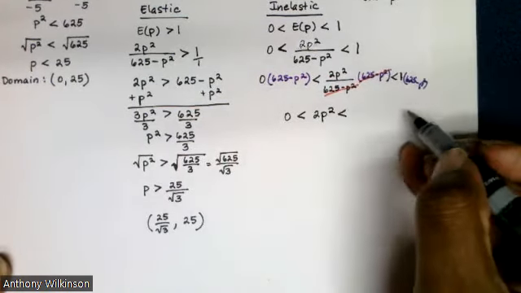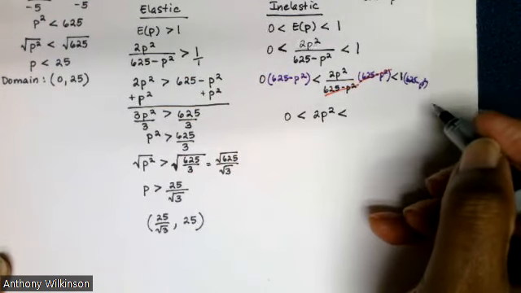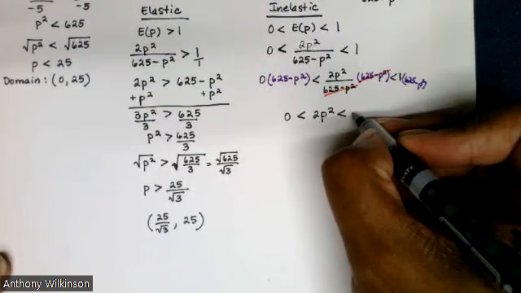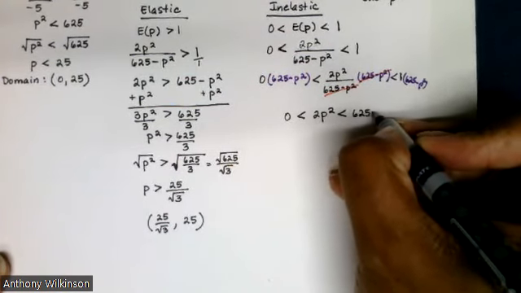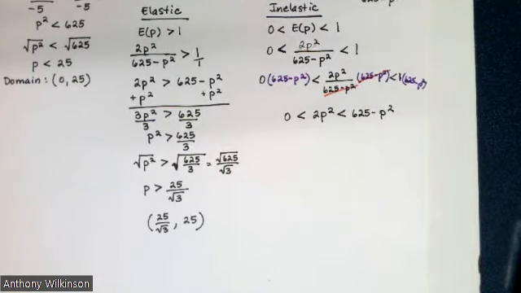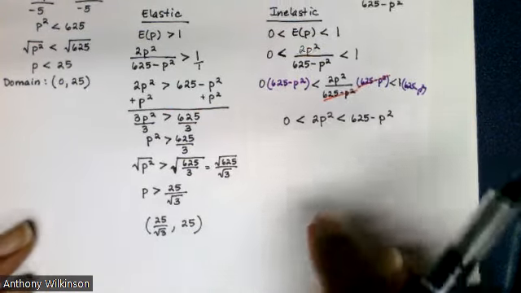And less than 1 times 625 minus P squared will just be 625 minus P squared. And it will probably be best to write this as 2 separate inequalities.